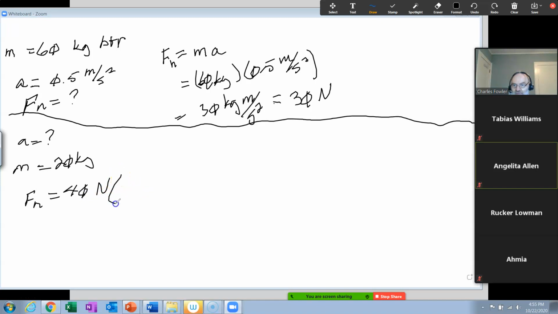And what is a newton? What is it in basic units? Kilogram meter per second squared. That's what we did right here. Kilogram meter per second squared is a newton. Okay, remember that. Okay, so what's the formula that relates acceleration, mass, and net force? You better get that one.